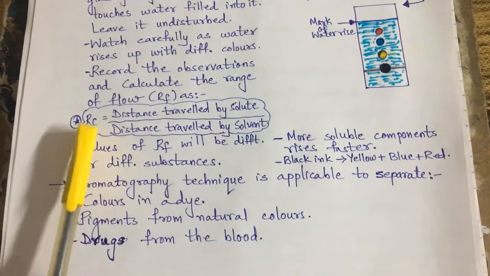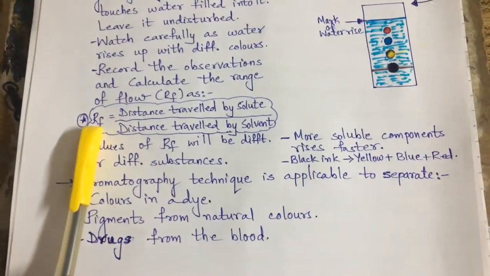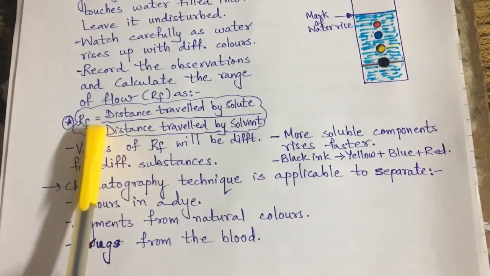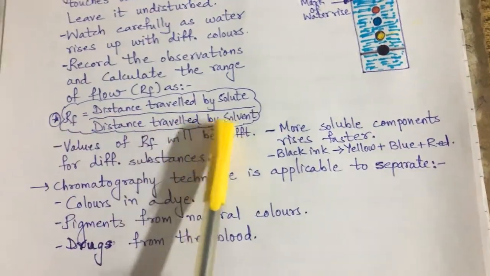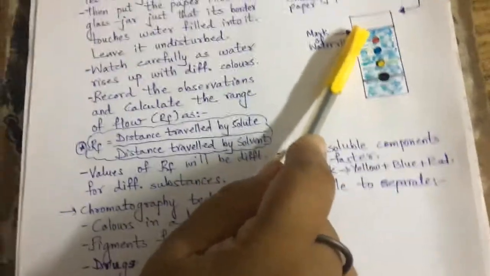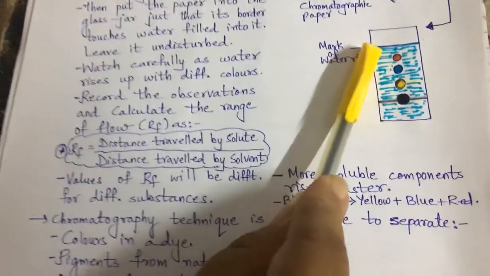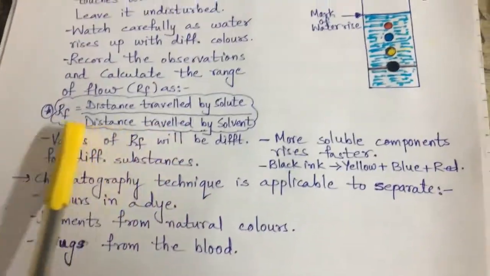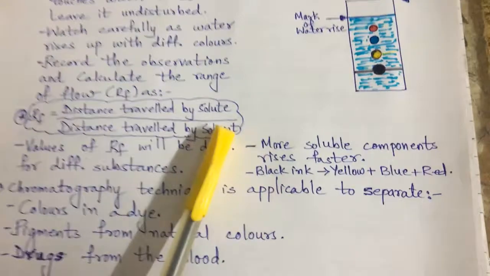What is Rf? Distance travelled by the solute upon distance travelled by the solvent. Here the solute is the different dyes and the solvent is the water. In 9th standard you are not supposed to calculate, but just keep the formula in mind.